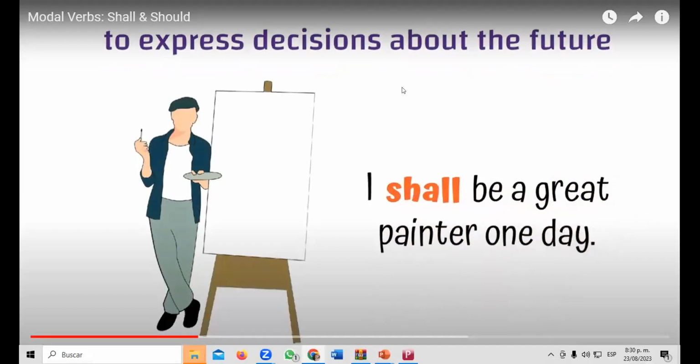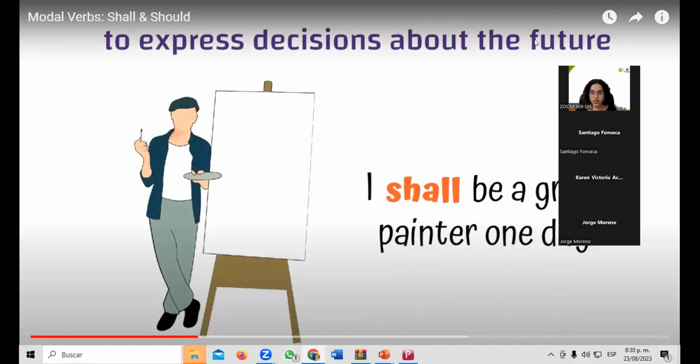Okay, this is another use of shall, but remember this is not that common. To express some decisions about the future: I shall be a painter one day. This would be common maybe in a text, in a story or written form, or in a very formal context.